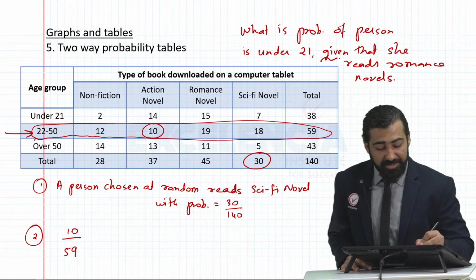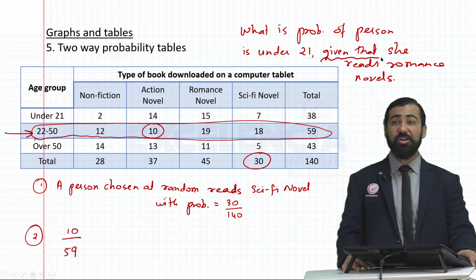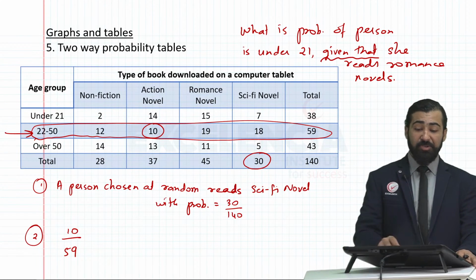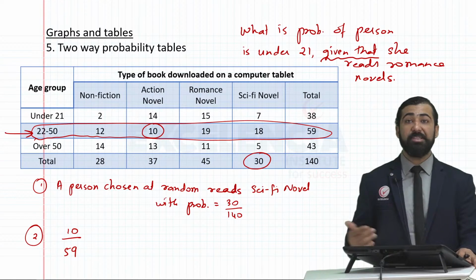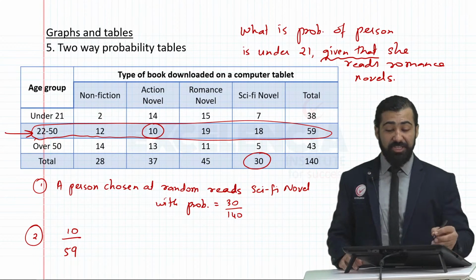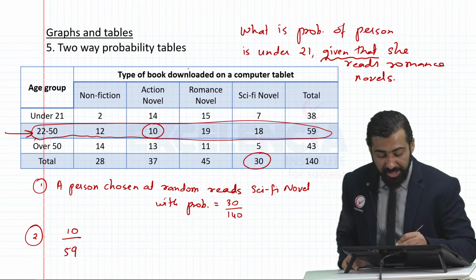Given that is an important factor here. This is also called conditional probability. The question, because of given that, becomes similar to what I did first. Given that, that means I'm just looking at this subgroup.